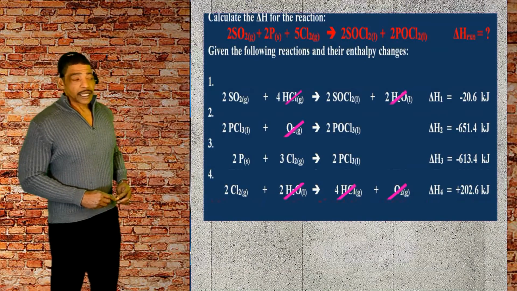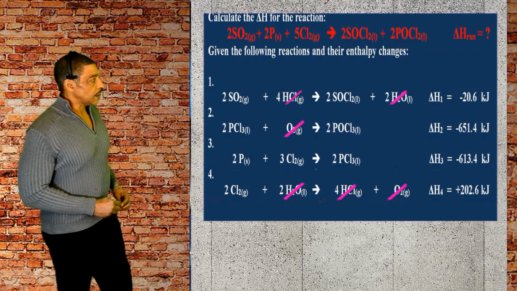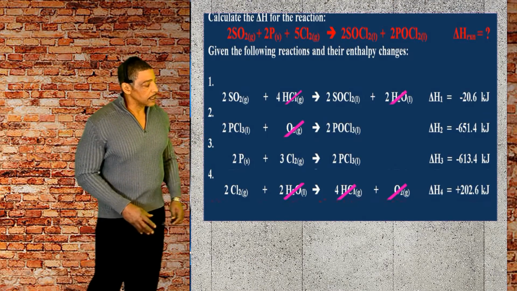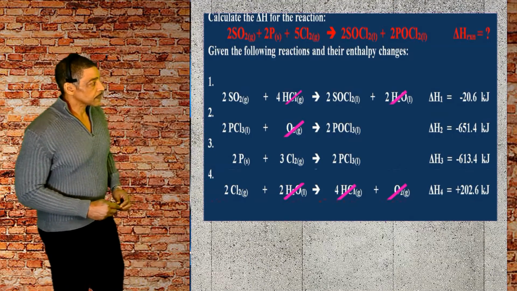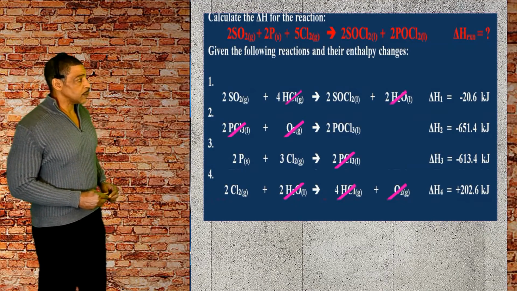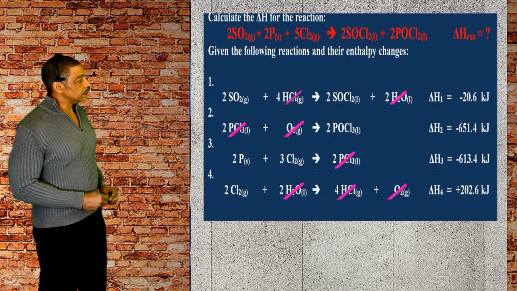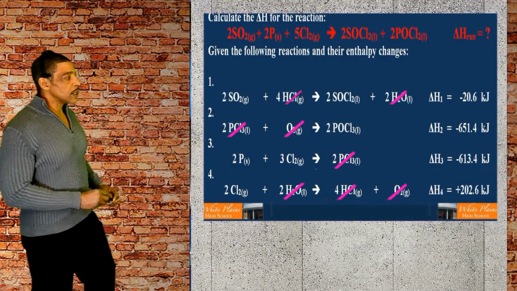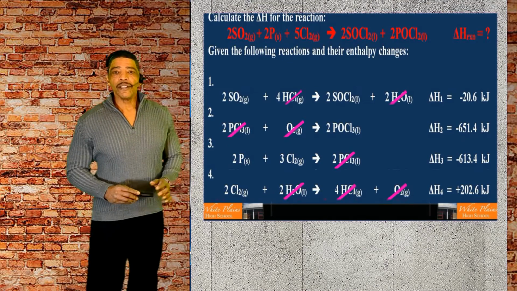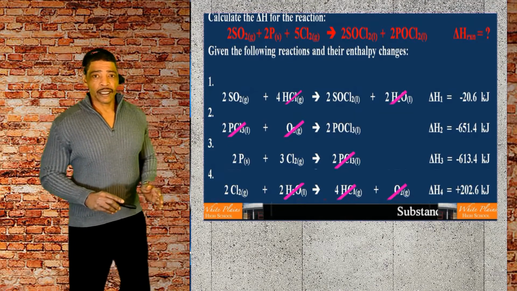1 mole of oxygen gas appears on the reactant side of step 2, but on the product side of step 4. 2 moles of PCl3 liquid appear on the reactant side of step 2, but on the product side of step 3. All these substances may now be canceled out.